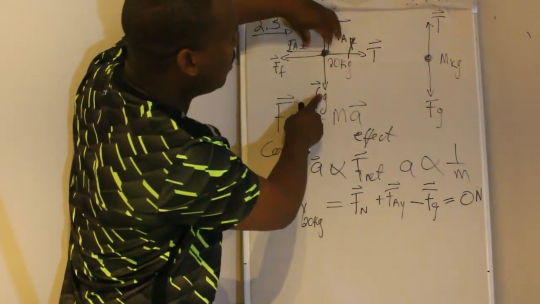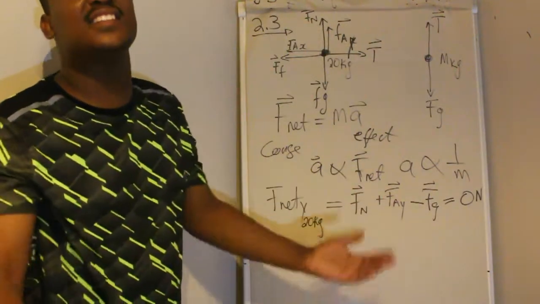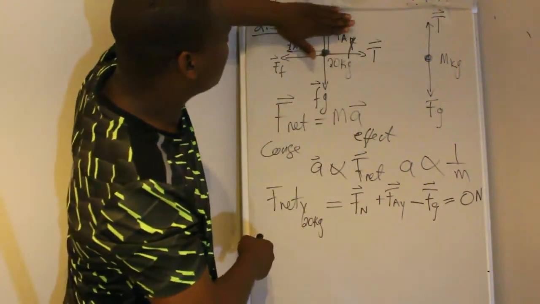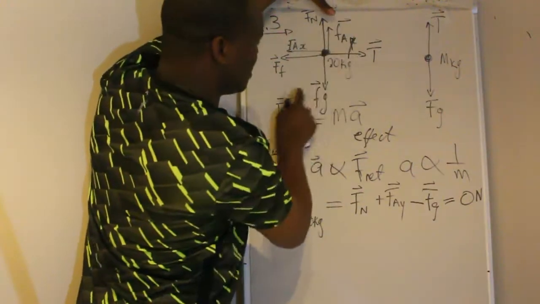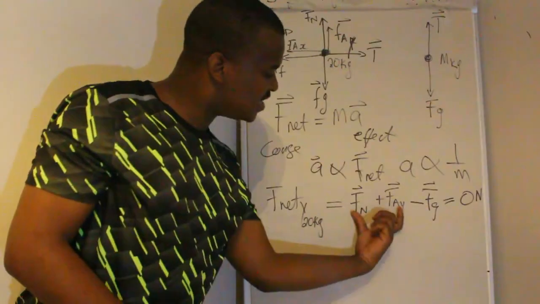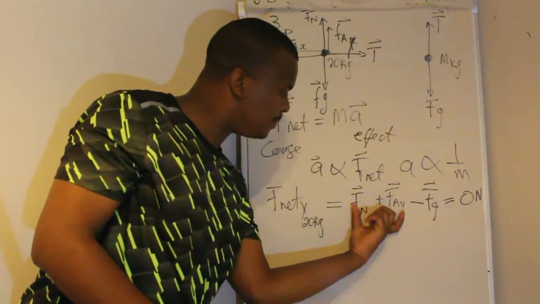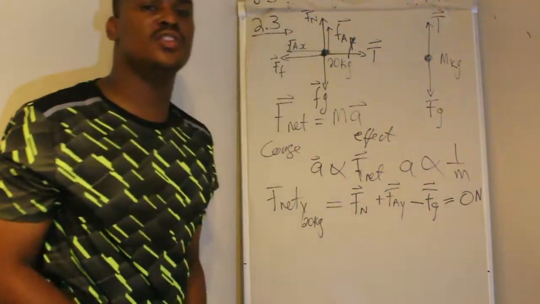Same thing minus the same thing, x minus x, is 0. For example, these two may be 5 newtons and this one is 5 newtons. So 5 minus 5 is 0. So this plus this is equal to that one. If you take the sum minus the force of gravity, it should give you 0 newtons.